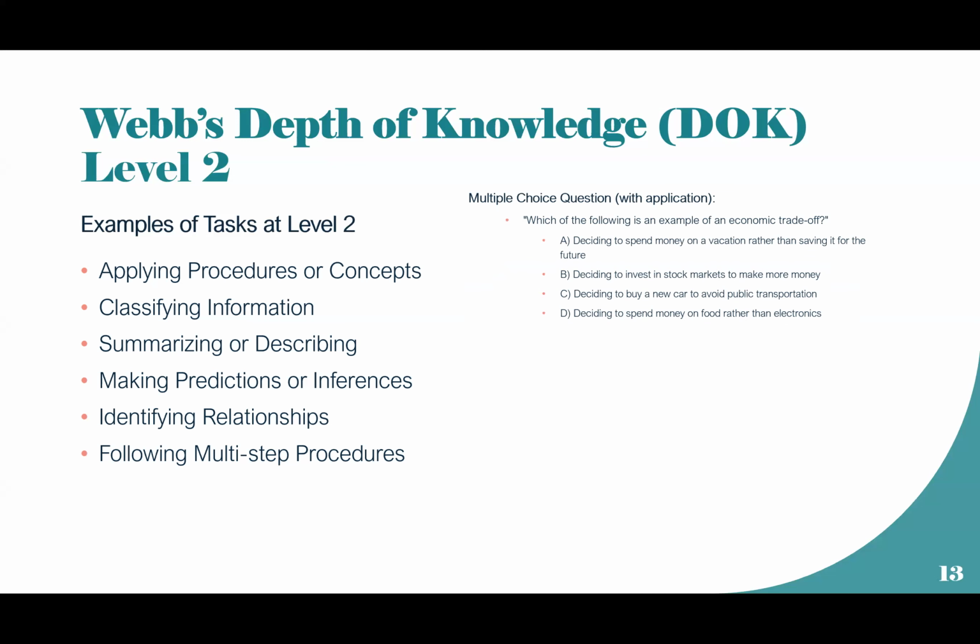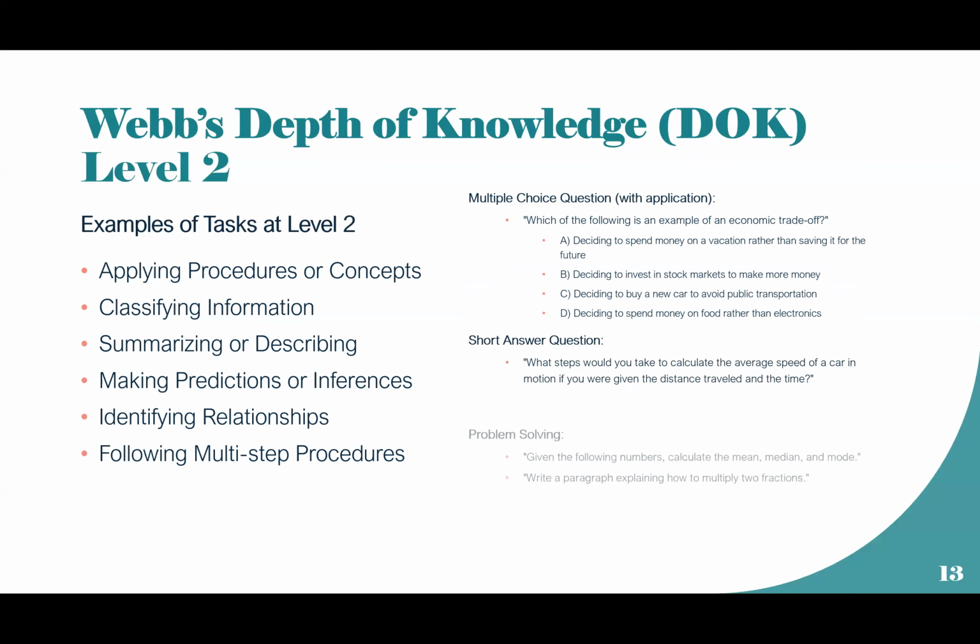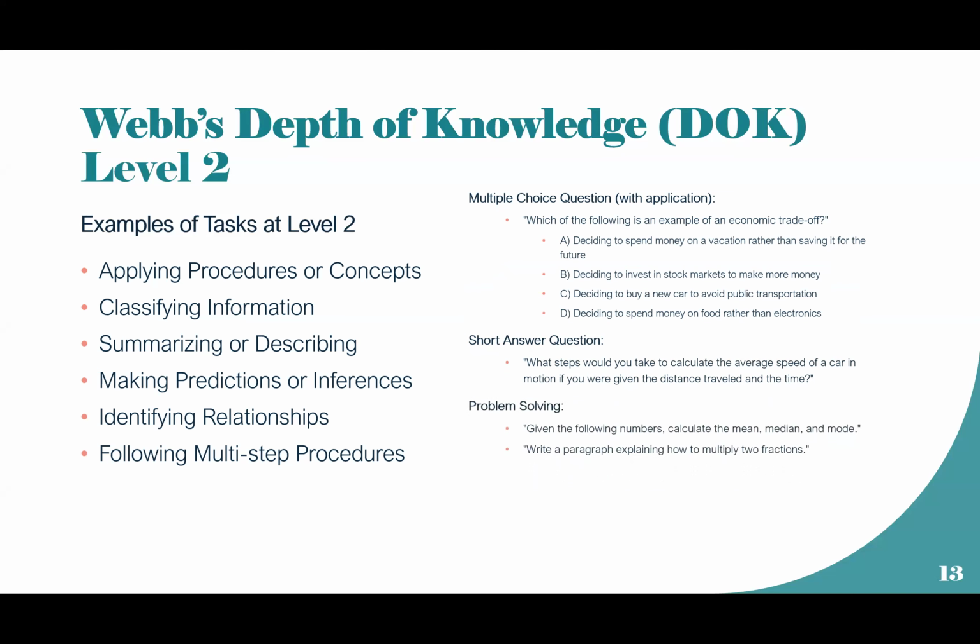The first one is also a multiple choice question, which we have seen in level 1, but here with application. The second one is a short answer question. The third one, problem solving. The fourth one is diagram interpretation.